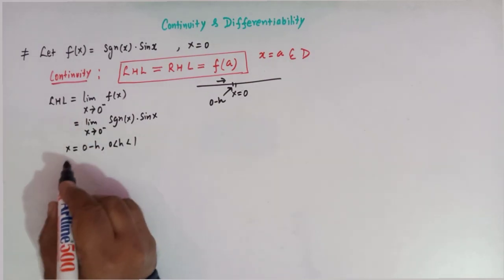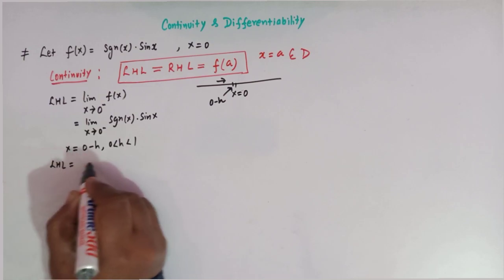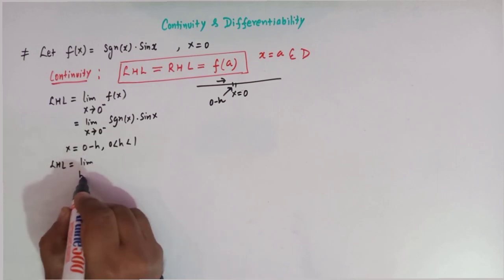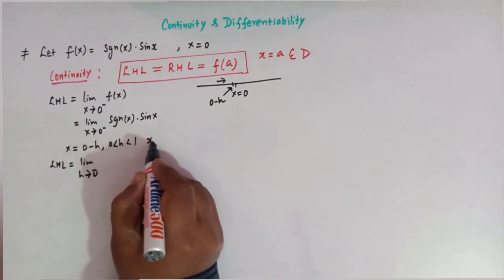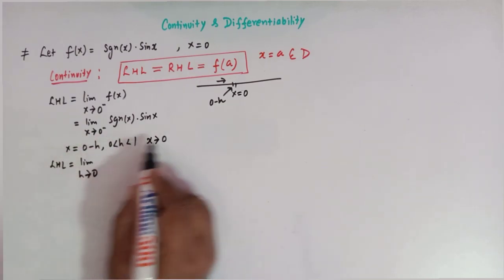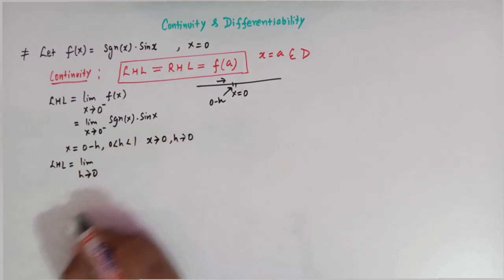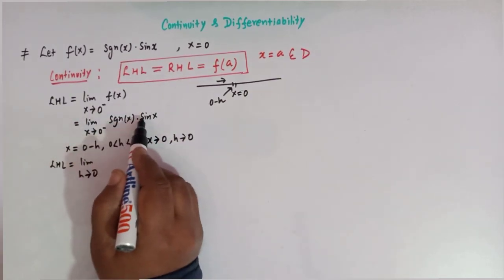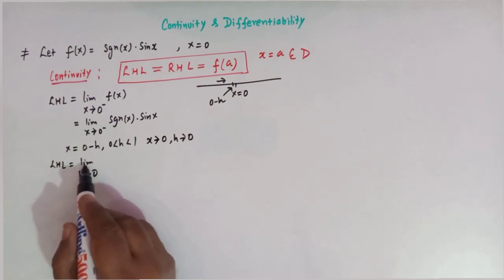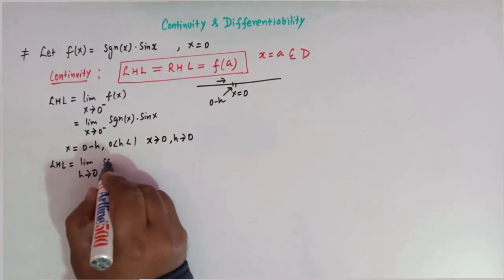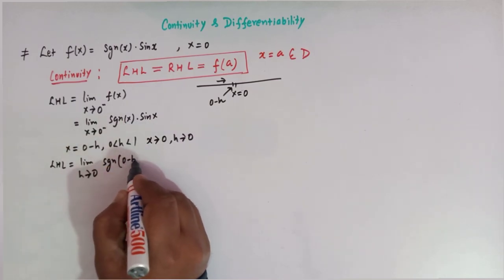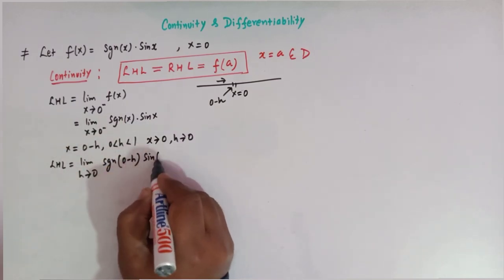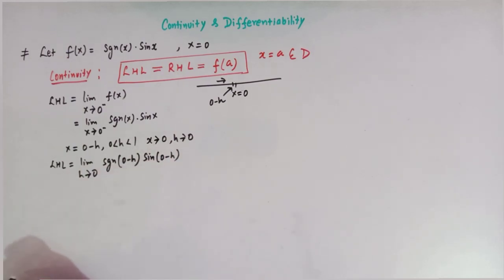So now this left hand limit is equal to limit h tends to 0, because when x tends to 0, then obviously h tends to 0. So now we can transform this limit in terms of h. So we have limit h tends to 0, and we have signum of 0 minus h, and here we have sine of 0 minus h.